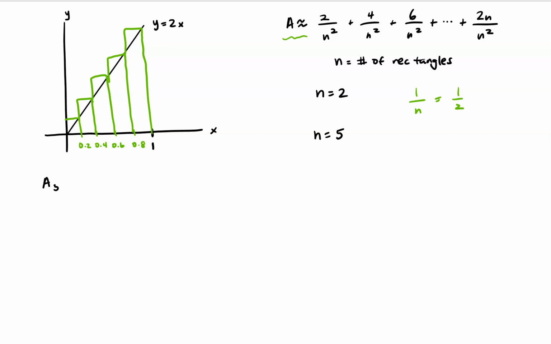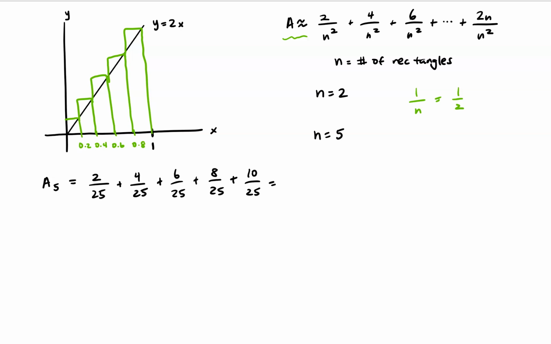So a sub 5, the area with 5 rectangles, is going to be equal to 2 over 25 plus 4 over 25 plus 6 over 25 plus 8 over 25 plus 10 over 25.